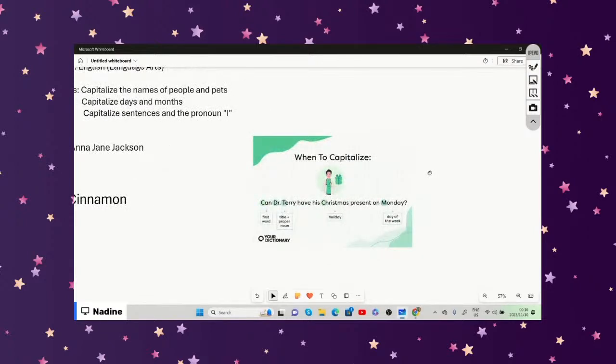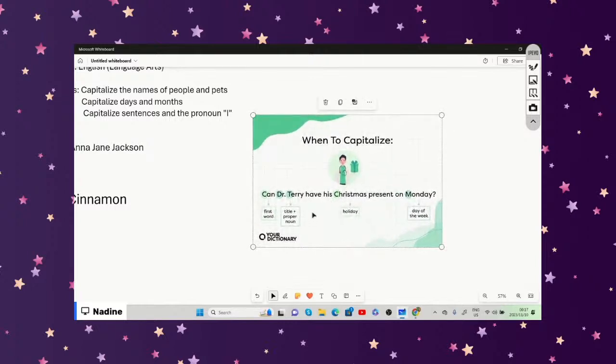And when we capitalize, right? If we look at the sentence, it says, can Dr. Terry have his Christmas present on Monday?